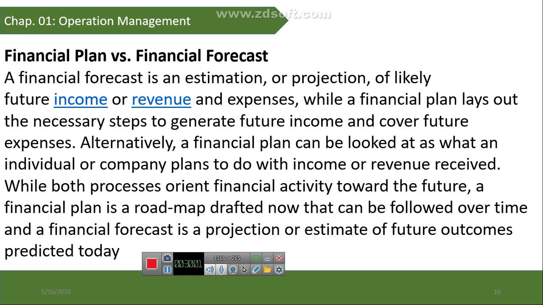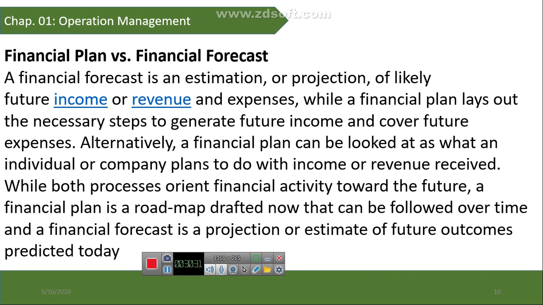Alternatively, a financial plan can be looked at as what an individual or company plans to do with the income or revenue received. While both processes orient financial activity toward the future, a financial plan is a roadmap drafted now that can be followed over time, and a financial forecast is a projection or estimate of future outcomes predicted today.